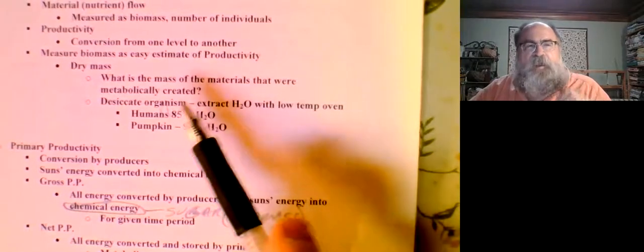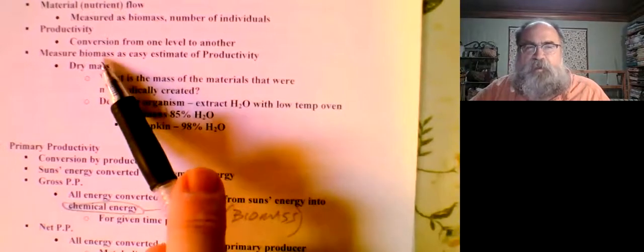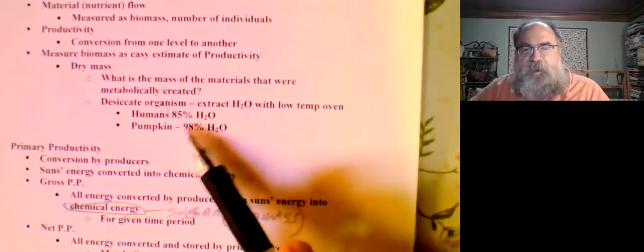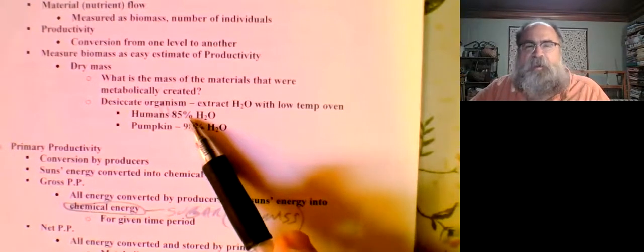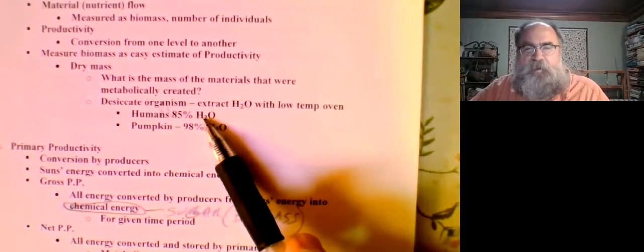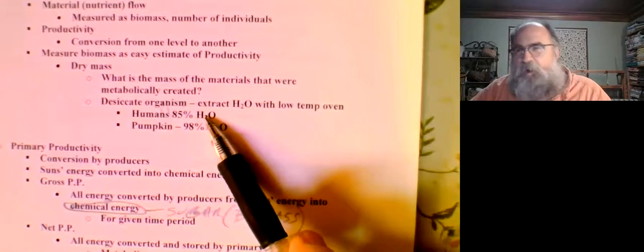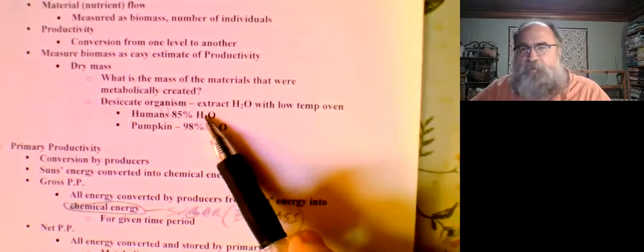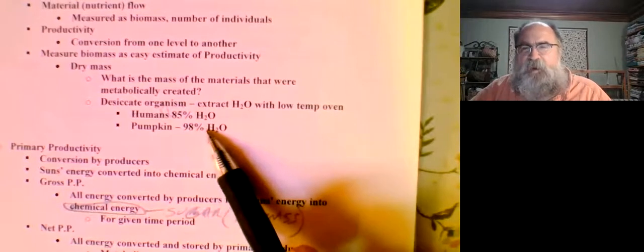And so the dry mass is what we're really interested in when we're looking at the biomass. If we have a person, well, 85% of them is going to be water, right? So mostly water. We have a whole lot of blood, but some of that solid, well, we'll keep as biomass. But the pumpkin, look at that, 98% water.